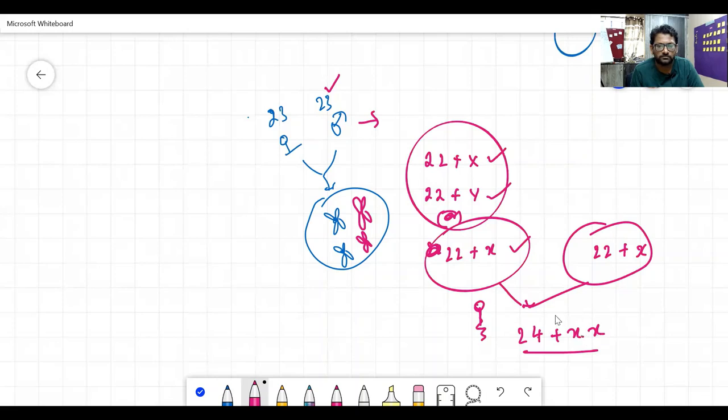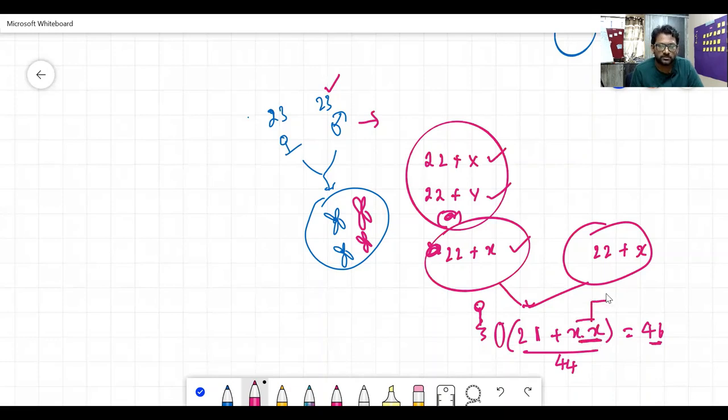It means here we will be getting 46 chromosomes, meaning 44 autosomes plus XX. So one set from mother, one set from father results in 46 XX.